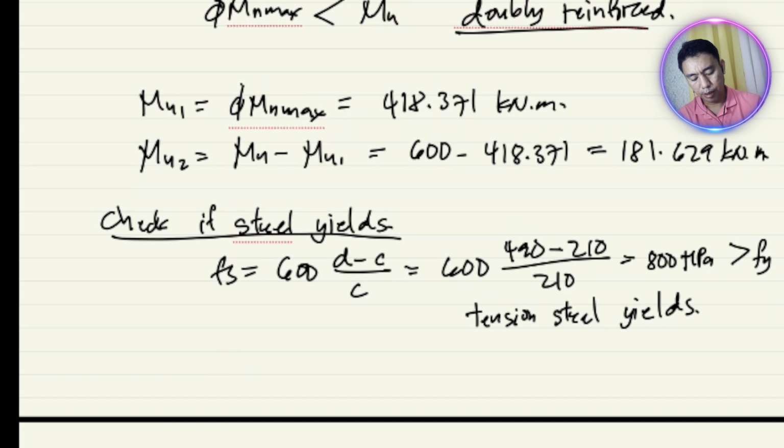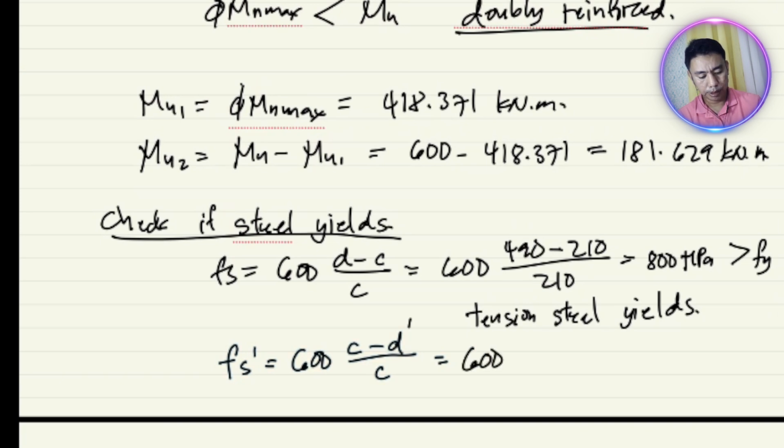Now, sorry, sa Fs prime, ito yung compression still. So the formula is 600, diba ha? Careful with this. c minus d prime over c. Okay? Actually, we can solve for this equation. But we have no time, so we just use directly the equation. 600 times c 210 minus d prime, or d prime is 60, over 210.